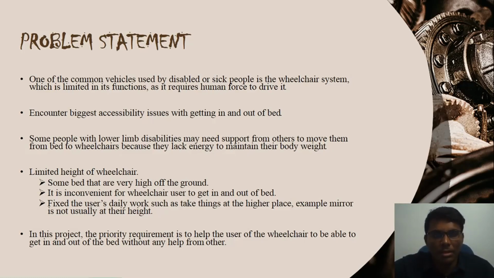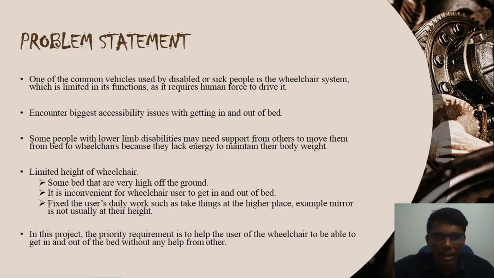Most wheelchair users encounter their biggest accessibility issue with getting in and out of bed. Some people with a lower limb disability need support from others to move from bed to wheelchair because of their lack of energy to maintain their body weight.